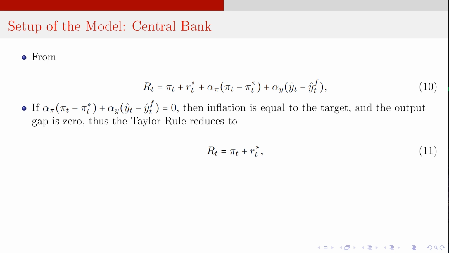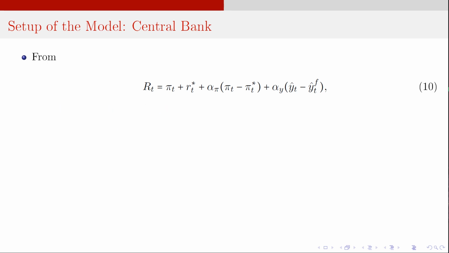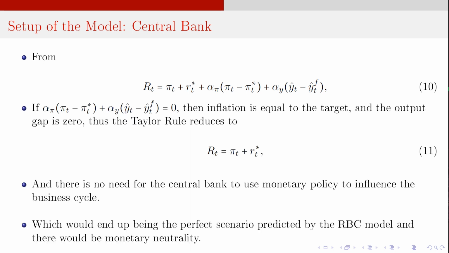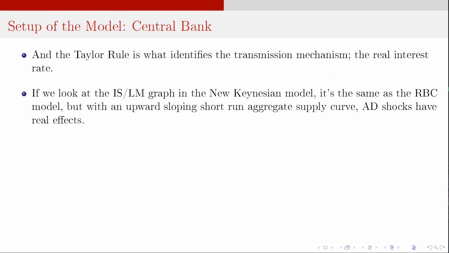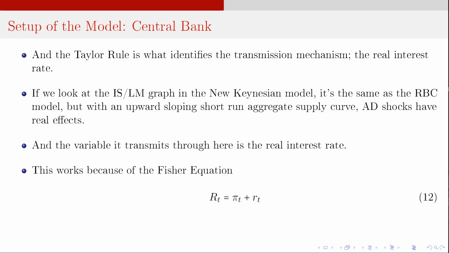If there's a difference between the sum of the inflation rate and the target real interest rate, if that does not sum up to what the nominal interest rate is, well, there's something else that needs to be explaining it. What's that something else? Well, it's that alpha pi times the inflation deviations plus alpha y times output deviations. So the Taylor rule augments the Fisher equation.